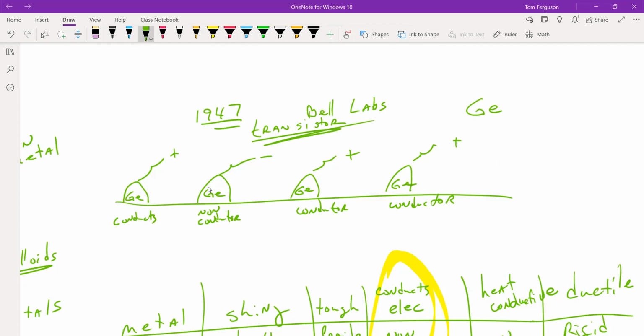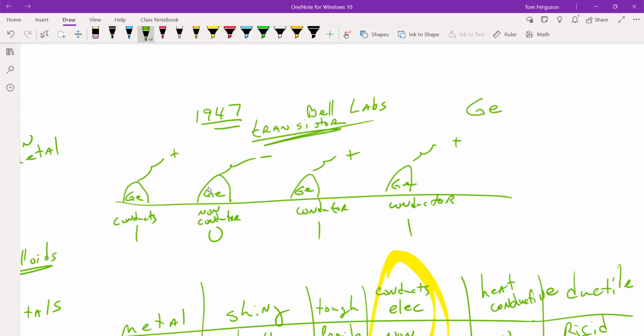Instead of writing out the word conductor, let's put a 1 by it. And when it's a non-conductor, put a 0 by it. So we have a 1, 0, 1, 1. What does that look like? Binary. The metalloids allowed the world to work in digital format.